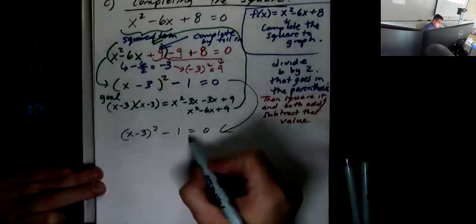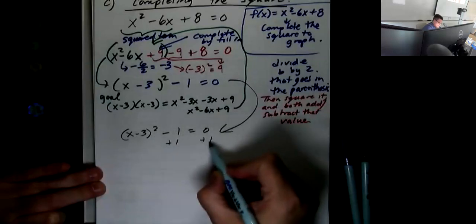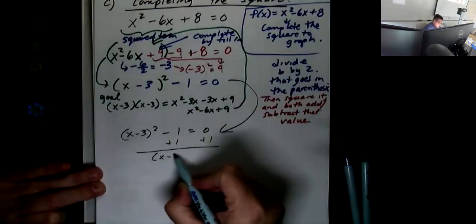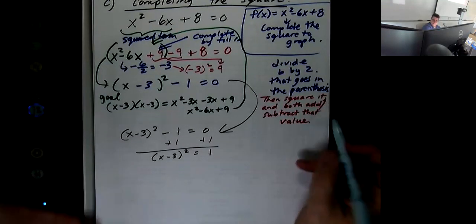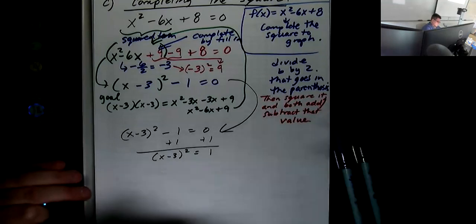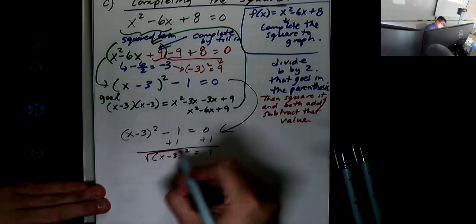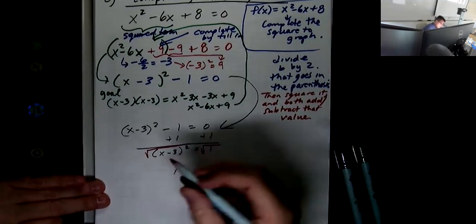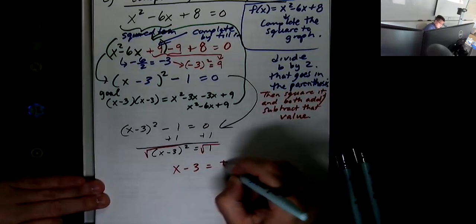Now we solve, treating it like a square. I'm gonna add 1 to both sides, and I get x minus 3 squared equals 1. I take the square root of both sides, and I get x minus 3 equals plus or minus 1.